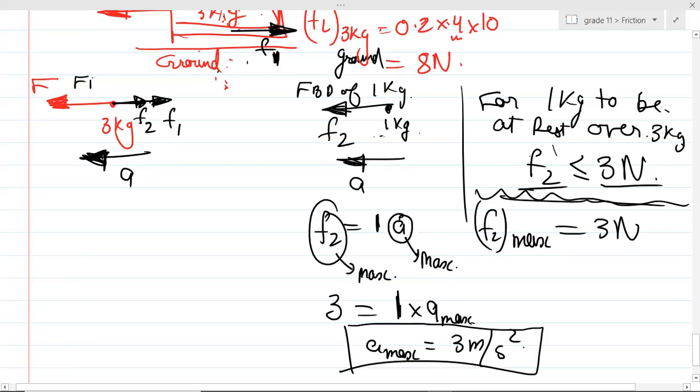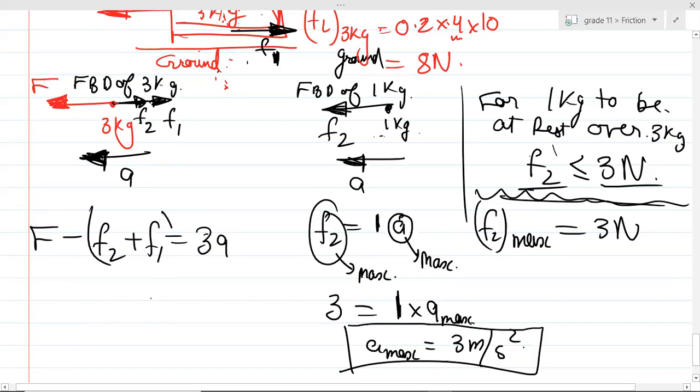And from here, we'll go to the FBD of 3 kg. What does the FBD of 3 kg say? F minus F2 minus F1 should be equal to 3 into A. Yes or no, guys?